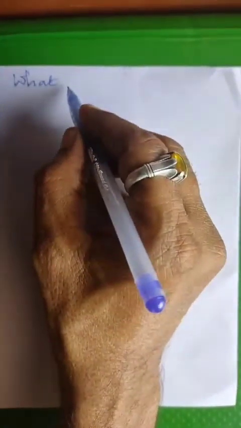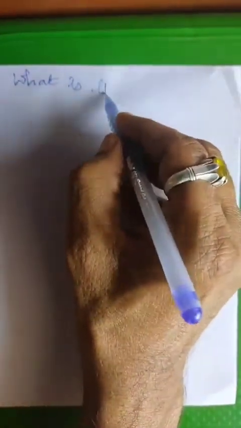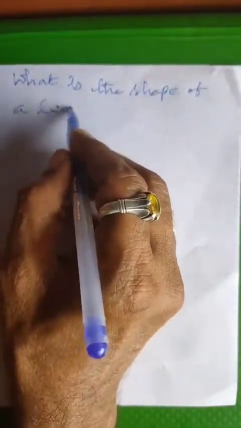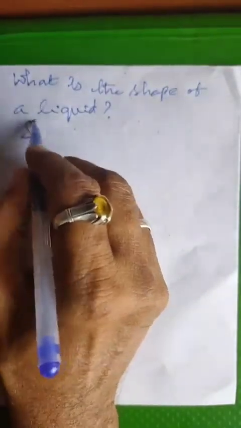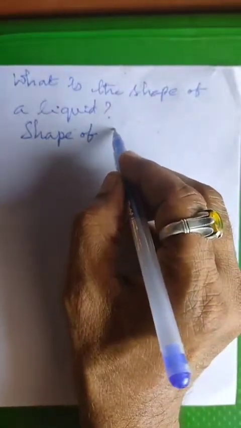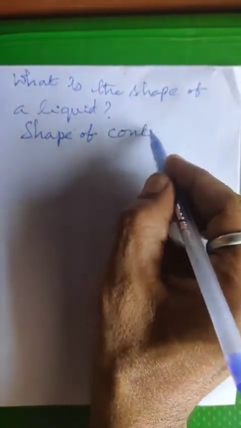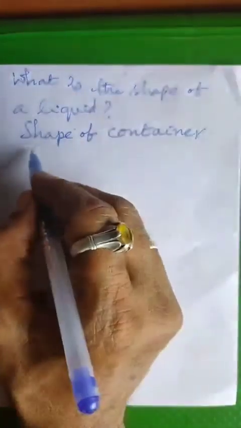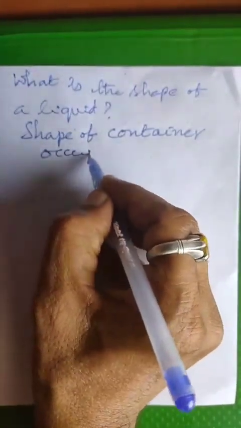What is the shape of a liquid? The answer is very familiar to you. That is, it is the shape of the container occupied. So the container occupied.